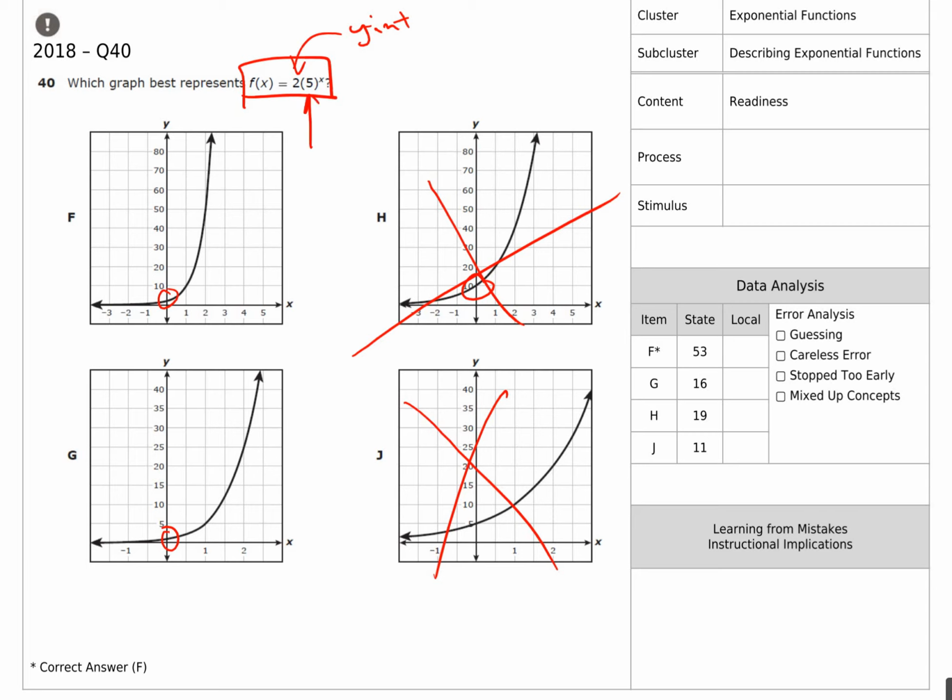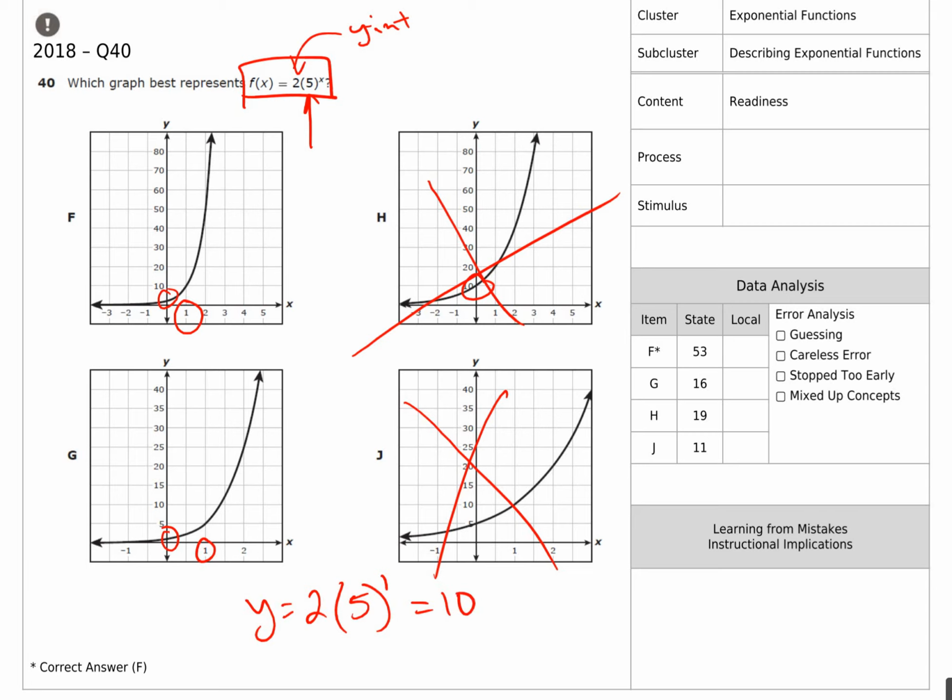We see that there is a growth rate of 5. We could check that by looking at when x is 1. If we were to plug in a 1 for our x, that'd be y equals 2 parentheses 5 to the 1 power. 5 to the 1 power is 5. 2 times 5 is 10.